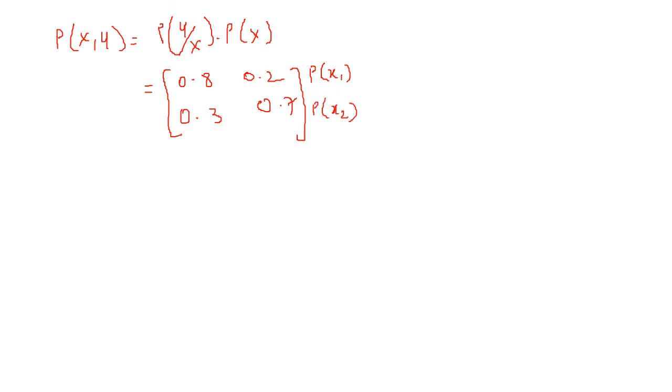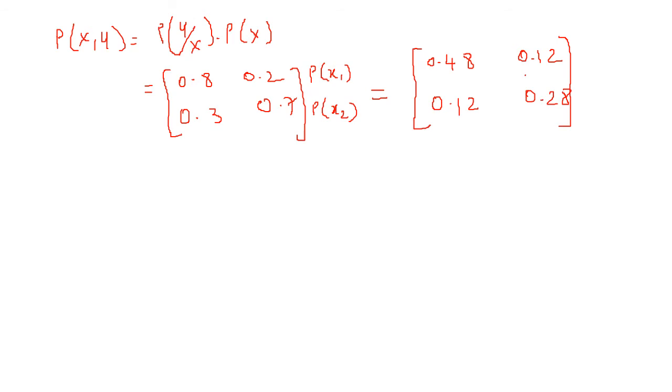So after multiplication, we are going to get the joint probability matrix P(X,Y), which is equal to 0.48, 0.12, 0.12, 0.28. So this is the joint probability matrix.